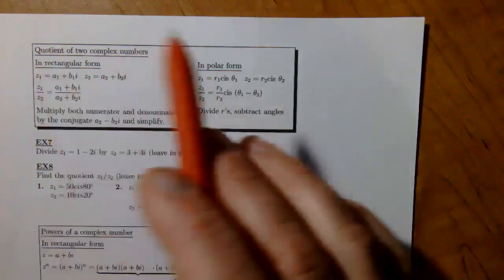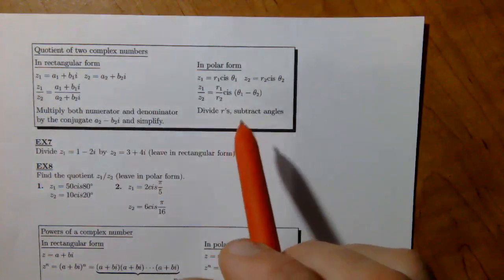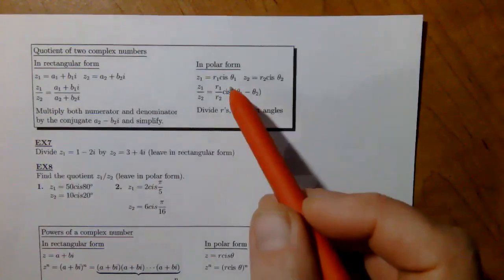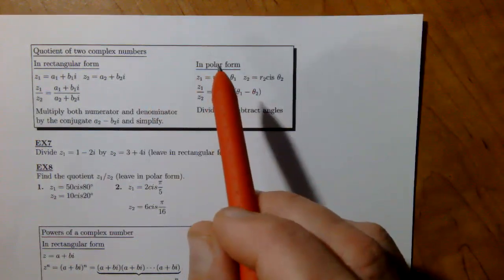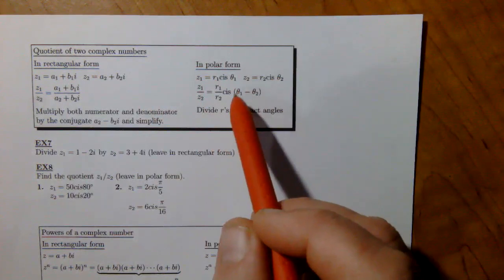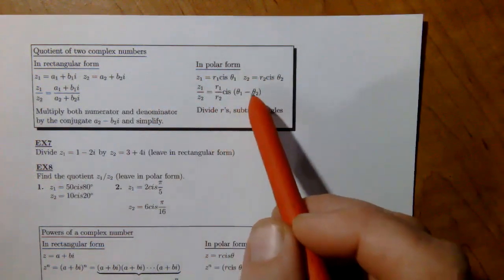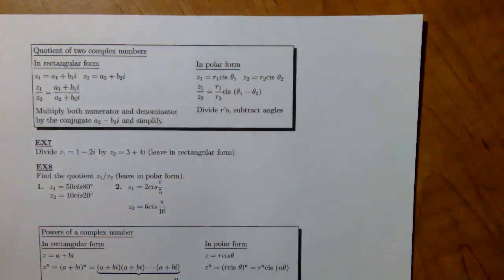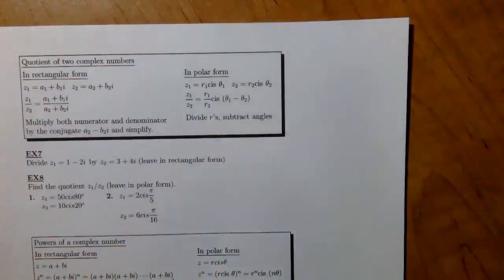In polar form it's really easy. I'm not going to go through the proof for it because I think it's pretty straightforward. You can check it out, but take a wild guess, right? If in polar form you multiply the r's and add the angles when multiplying, then you divide the r's and subtract the angles when dividing. So it's literally you divide the r's and subtract the angles instead of multiplying and adding.